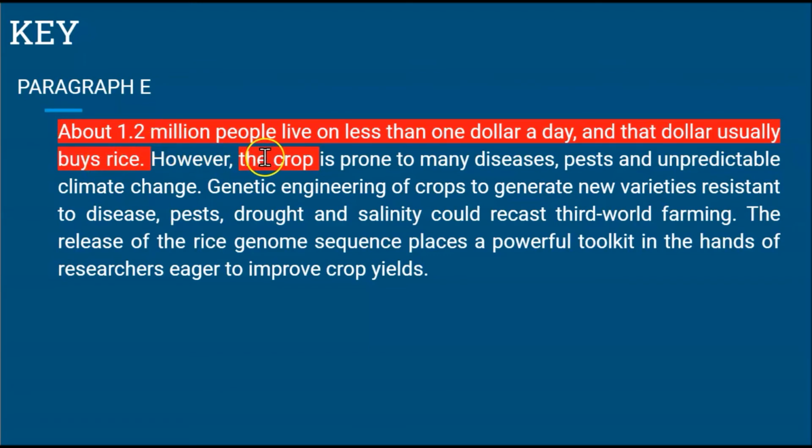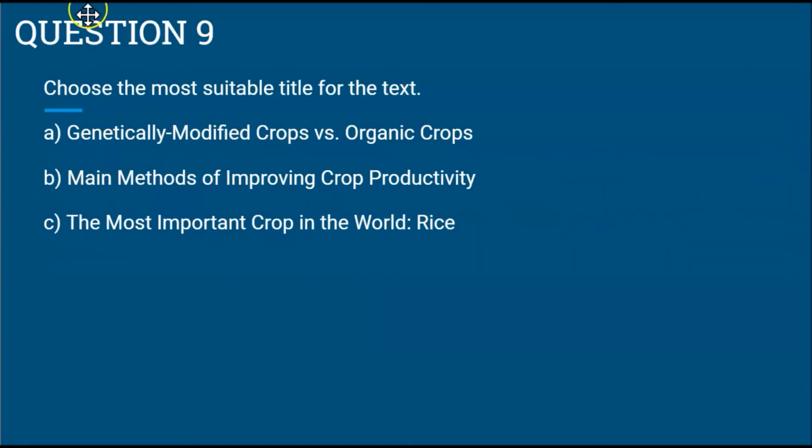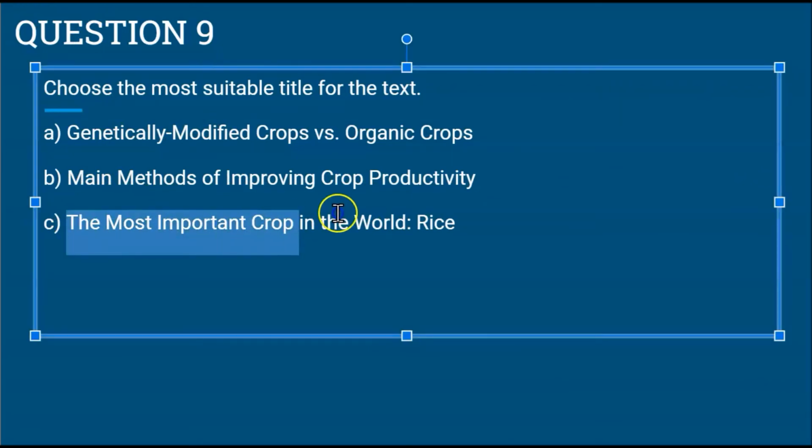And however, the crop, what's this crop? Of course, it is rice again. So it continues talking about rice. So from this information, we can say that the best title for this text is choice C, the most important crop in the world, rice.